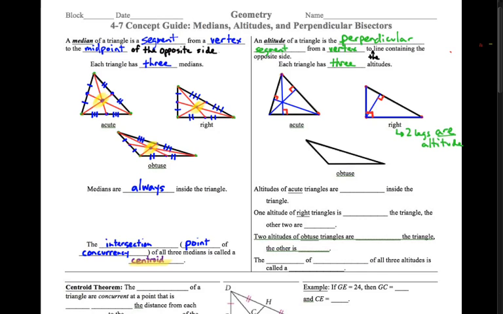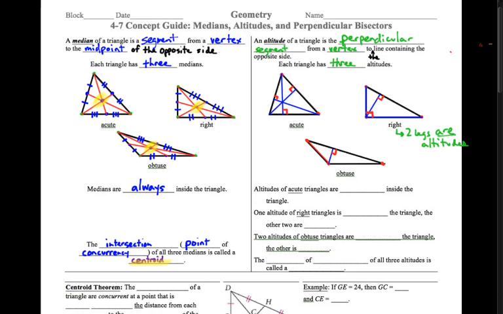Now, obtuse triangles work a little bit differently. It doesn't work differently at all if we're talking about the vertex of the obtuse angle. But if we're making the altitude from this vertex over here, nowhere inside the triangle, do you see this, does it make a right angle?